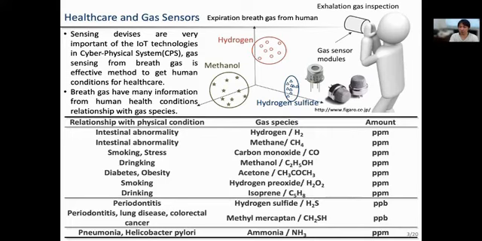This table shows the relationship between the physical condition of humans and gas species and amount. Our breath gas includes more than 100 kinds of gas species. We have to detect many kinds and small amounts of gas at the same time in the same device and module.